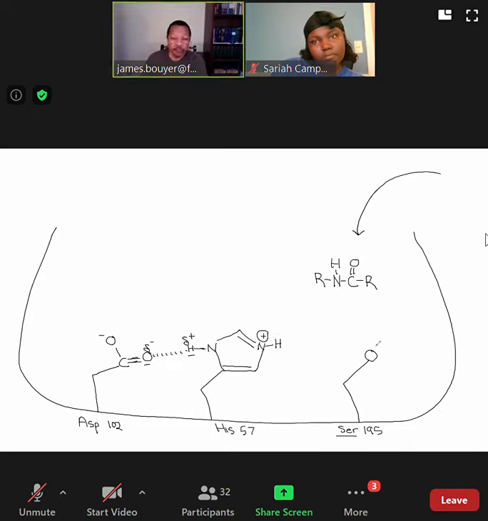Okay. Now, so we had the flexibility, proximity effect, the electrostatic interaction, and now the histidine acts as a general base. Next is nucleophilic attack. The serine is now the nucleophile.